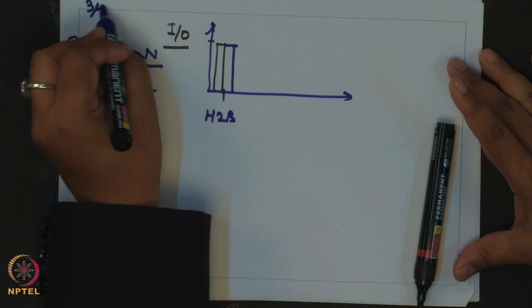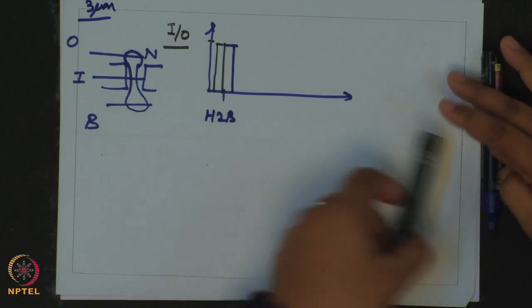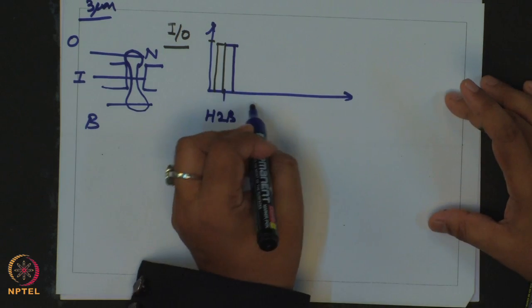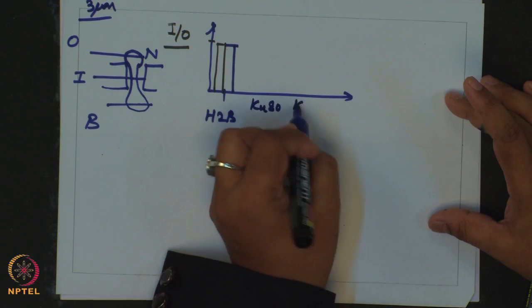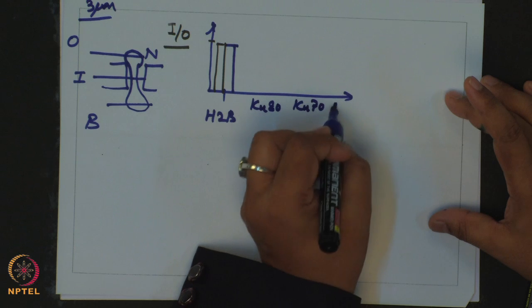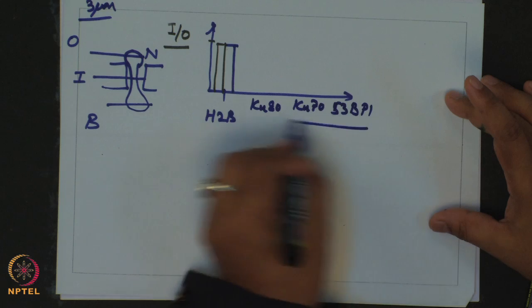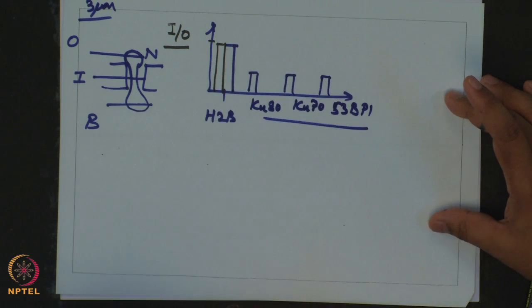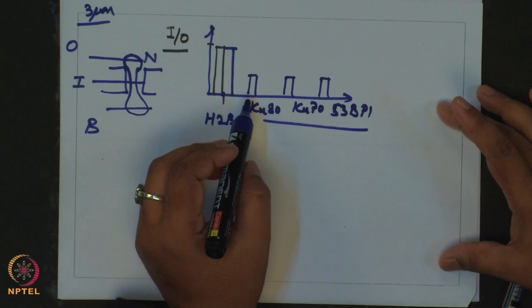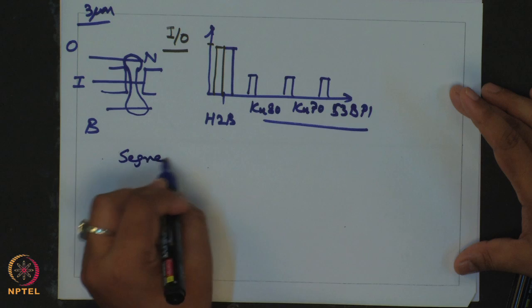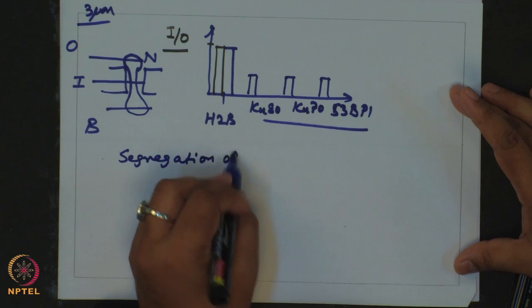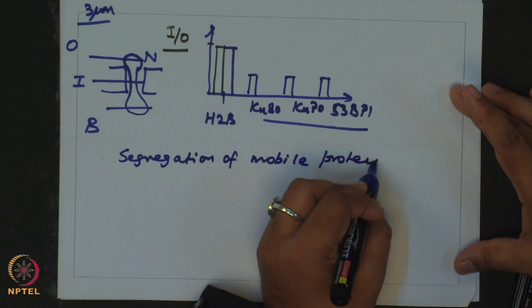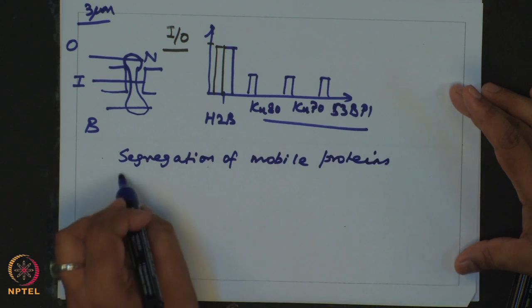Your pore size is 3 microns. Okay. But when you track it for, let us say, Ku80, Ku70 and 53BP1, okay, for these proteins this is a lot less. Okay. So, suggesting that there is a segregation of mobile proteins, okay, away from chromatin.